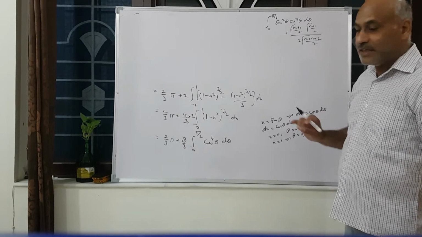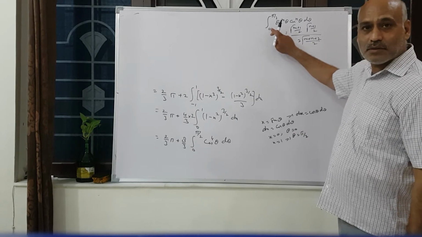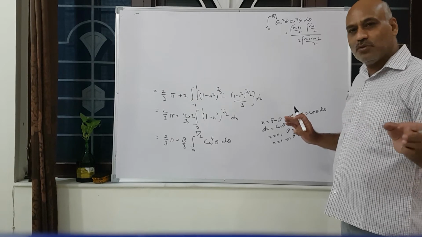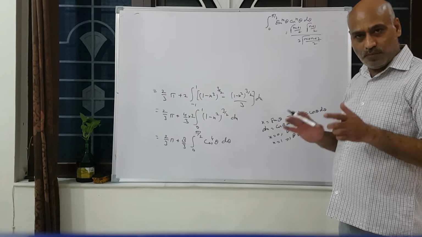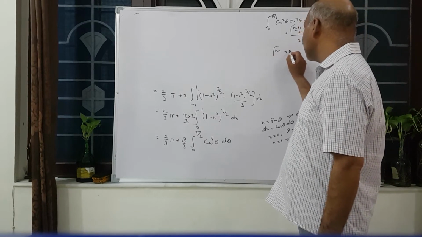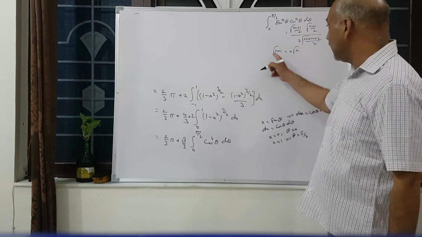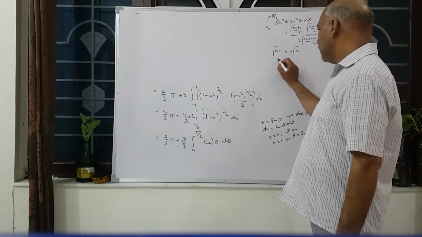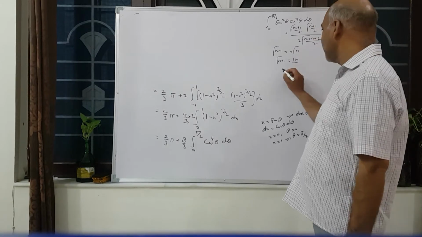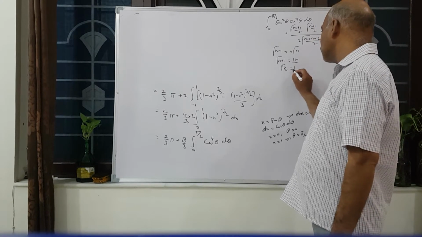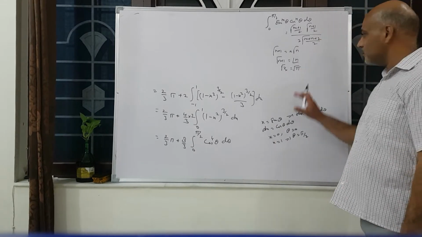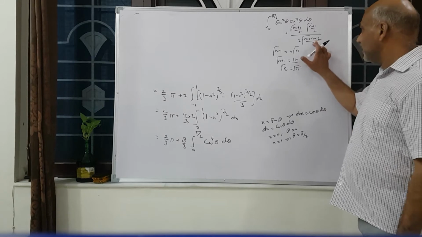Here it is very important that the limit should be 0 to pi by 2. If it is 0 to pi, then we cannot use this directly; we have to first make it 0 to pi by 2. And we will use gamma n plus 1 equals n gamma n, gamma n plus 1 equals factorial n, and gamma half equals root pi. These results we will use here.